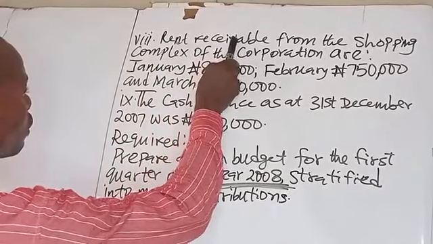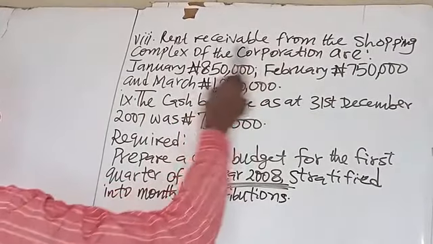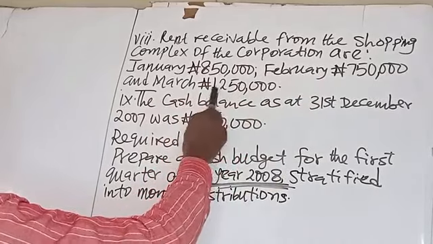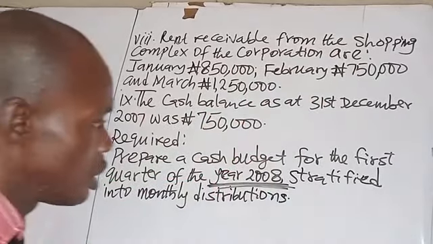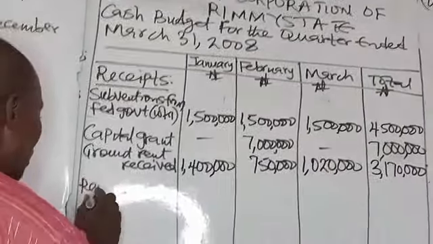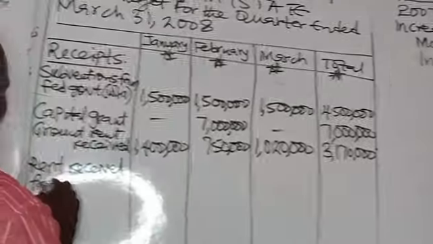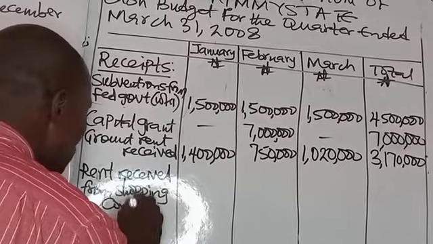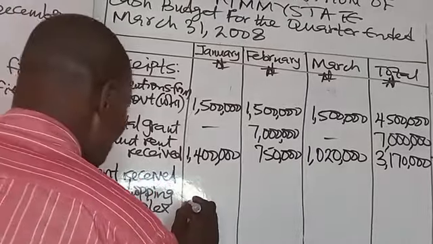Note 8. Rent receivable from the shopping complex of the corporation are January 850,000, February 750,000, and March 1,250,000. Rent received from shopping complex. In the month of January, 850,000 was received.